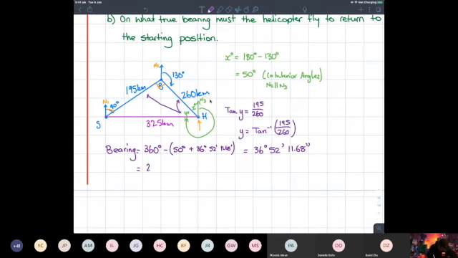So that's going to be 273 degrees, 7 minutes, 48.37 seconds. So I'm going to round that to 273 degrees true. So if the helicopter flies on 273 degrees true, it gets back to its original starting location.